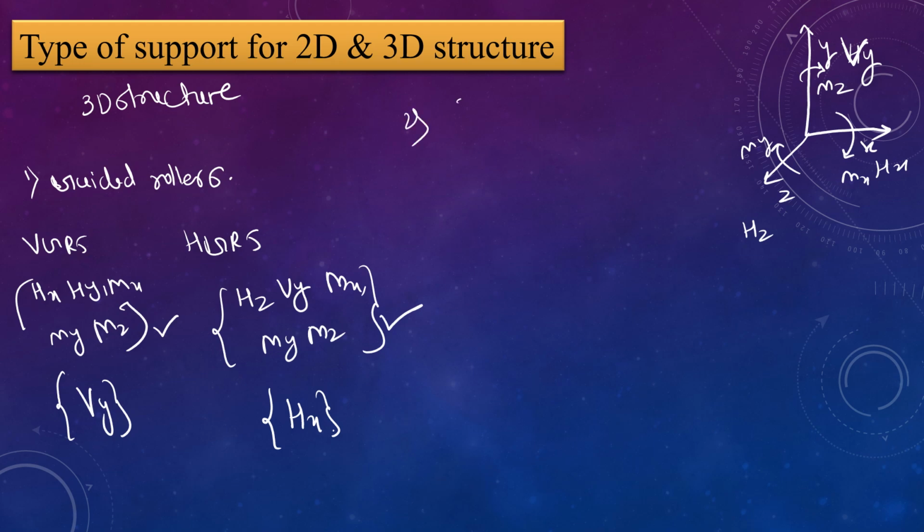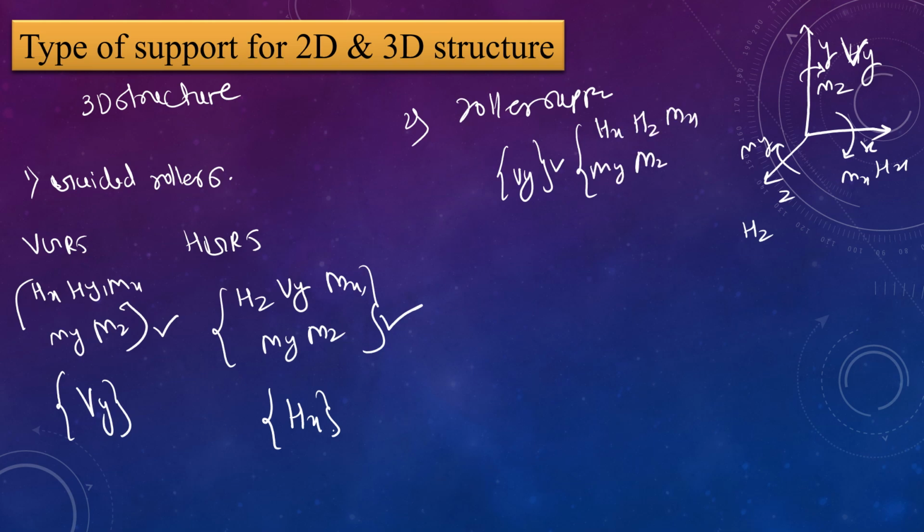Then second, in the case of roller support, this roller support is only restricted in the vertical direction. So that's why Vy is present here, and the remaining values Hx, Hz, Mx, My, Mz are all not present. Then third is hinge support.